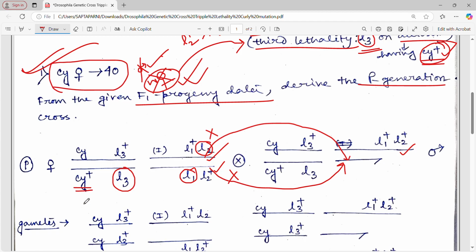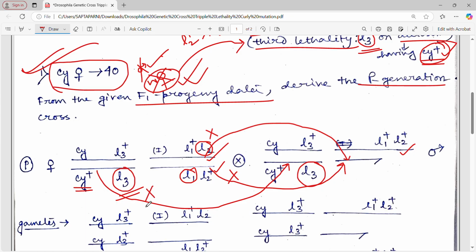In this condition we have taken CY plus for mother and father both, in heterozygous condition, and the L3 mutant allele is exclusively present on the CY plus carrying autosome. So when these combine, no chromosome from these two will give the L3 plus product, so it will die. It will be lethal too.